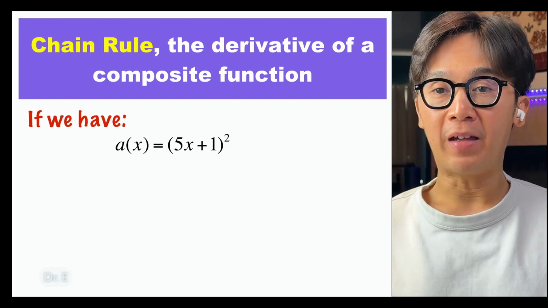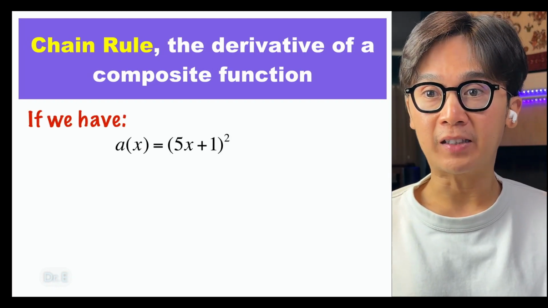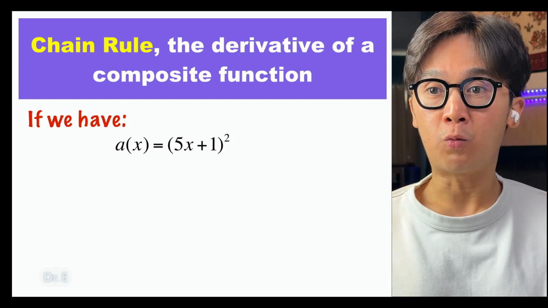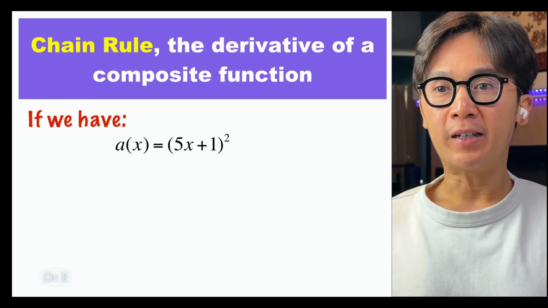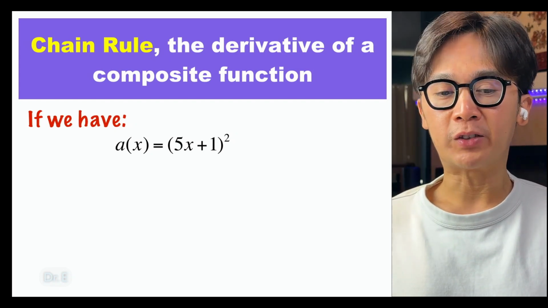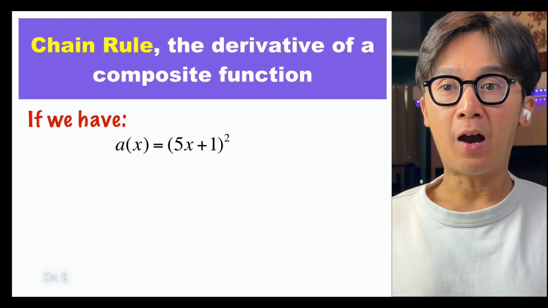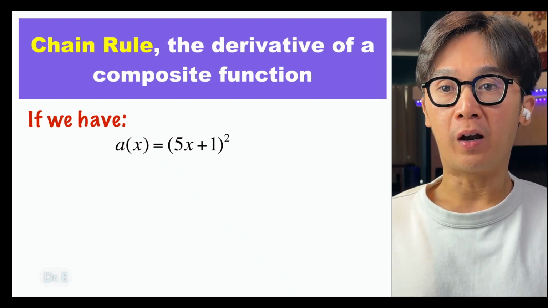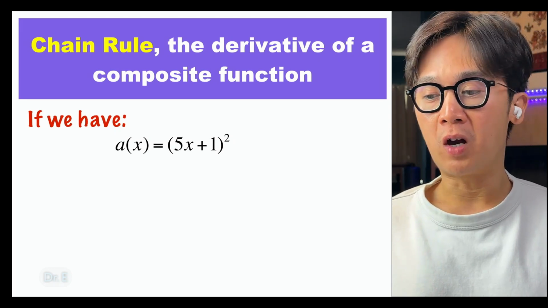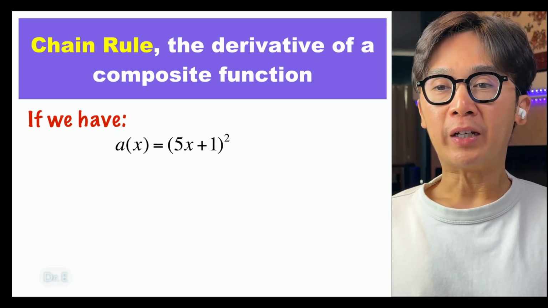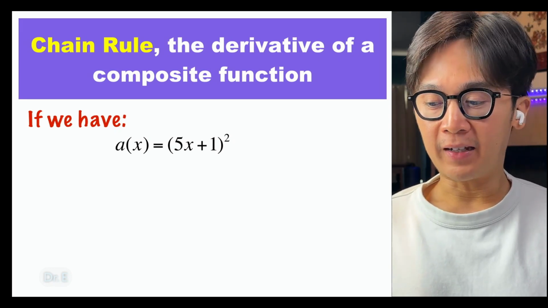Let's say we have a of x, and a of x is 5x plus 1 quantity squared. So this is a composite function, and to be able to dissect and figure out which one is your main function and which one is your sub-function, you need to be able to recognize this.